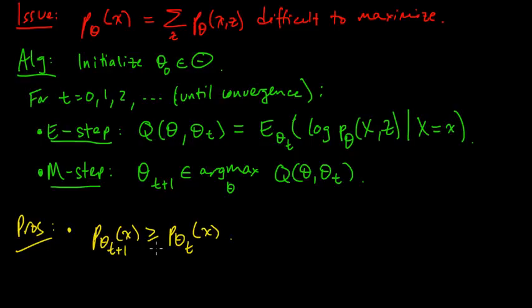So you're guaranteed that at least you're not decreasing the probability. At least you're not making things worse, right? And oftentimes, it significantly improves your likelihood. My second comment is that it works well in practice. EM tends to work well in practice.